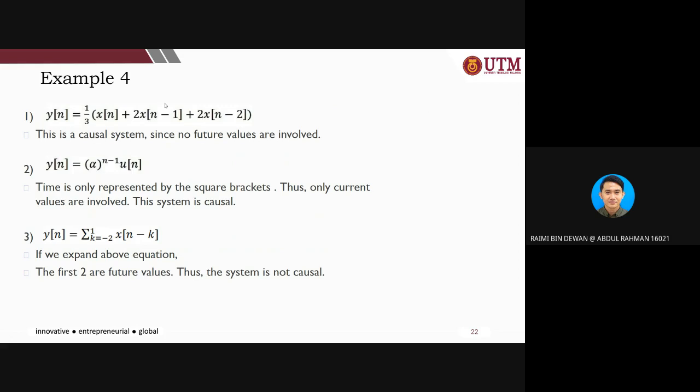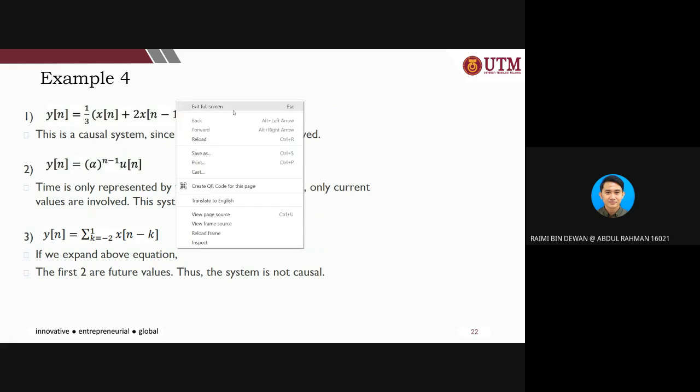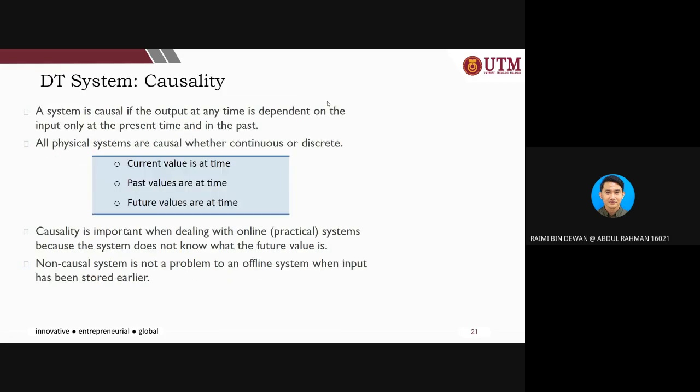So if we have n plus 1, for example, the system is not causal, because a system is only causal if it consists only of the present time and the past.